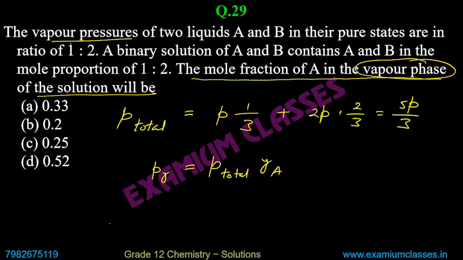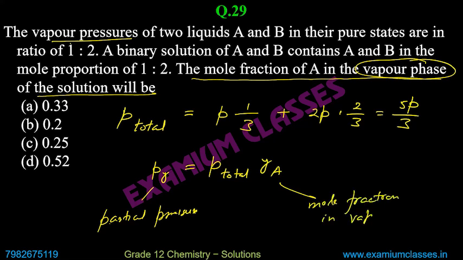Py, that is partial pressure in vapor phase, is equal to P total multiplied by mole fraction in vapor phase, not in solution. So applying this, you get Py, you already know. Okay.